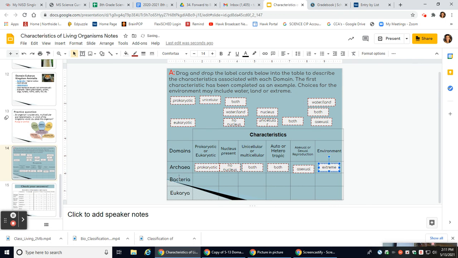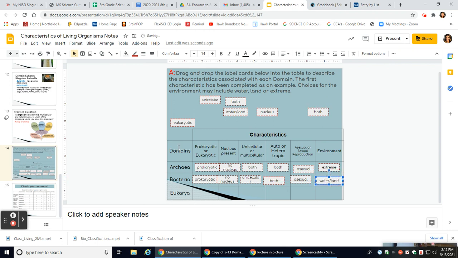Then if we go into the domain bacteria, this is where you have prokaryotic cells. They have no nucleus. And we can say they are unicellular. They could be both heterotrophic or autotrophic. They reproduce asexually, and they could live on both water and land.